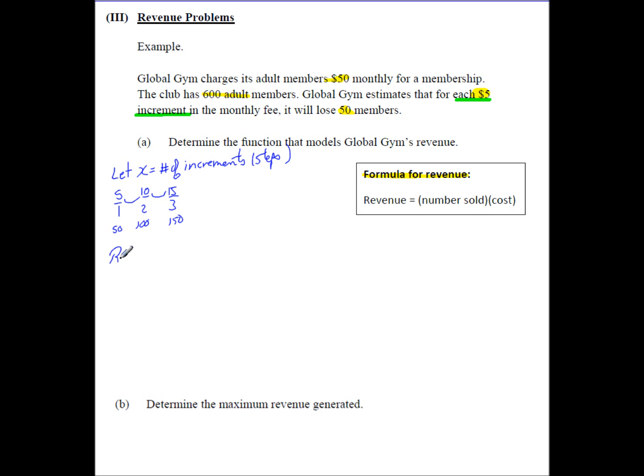So our revenue depends on the number of increments, the number of steps that you're going up, how many times you're going to keep increasing the fees. So it's the number of people that have a membership times the cost of a membership.